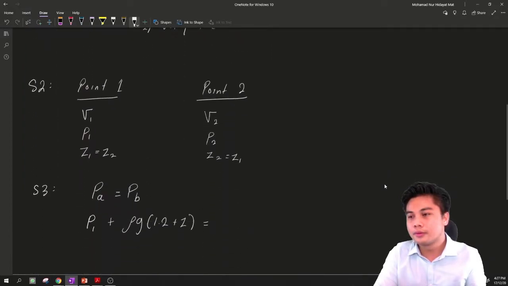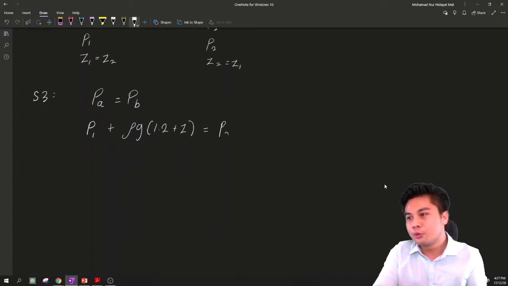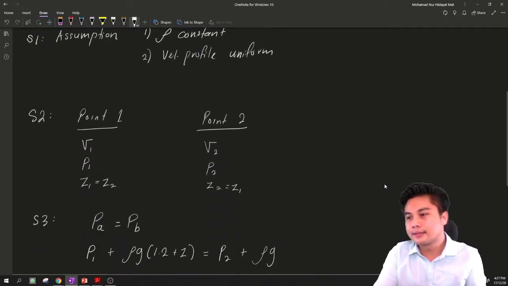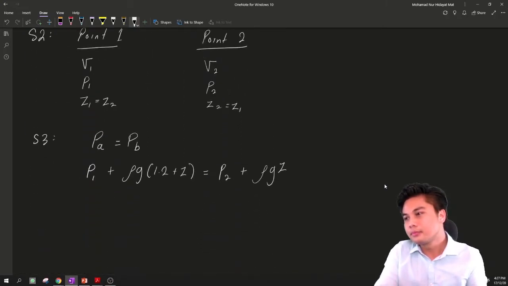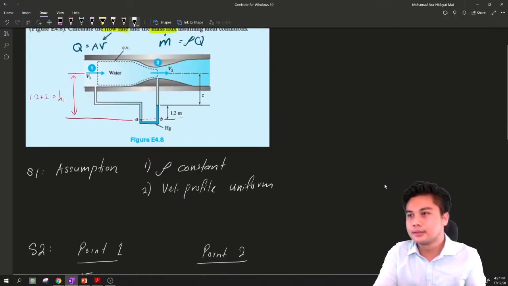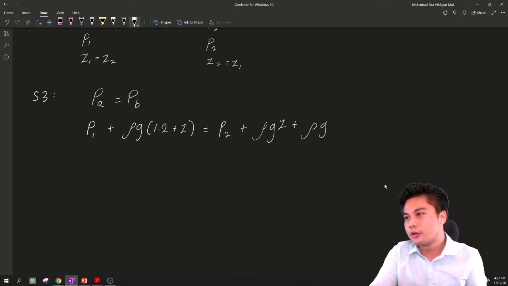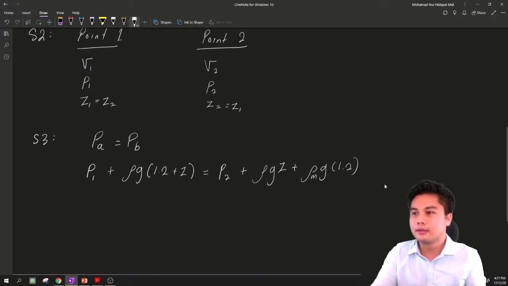So P2 plus rho G of Z plus rho G of this height of 1.2. Remember, this is the density of mercury.